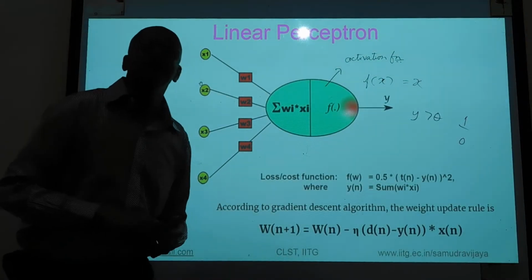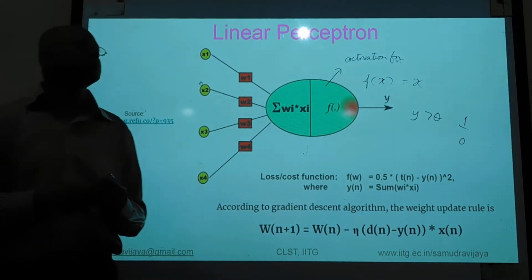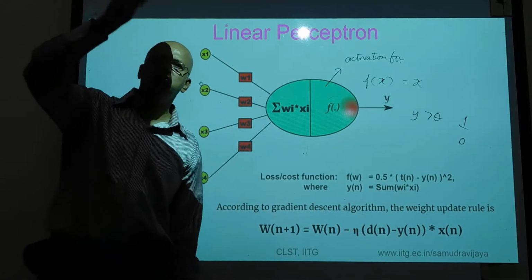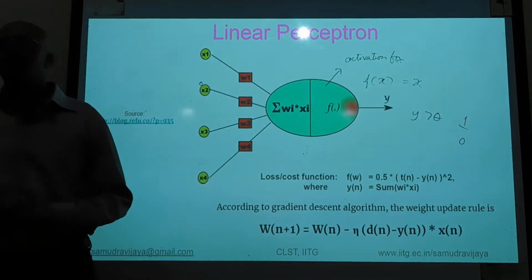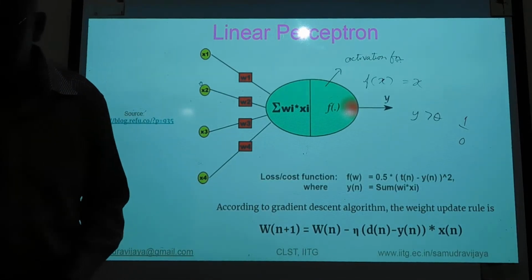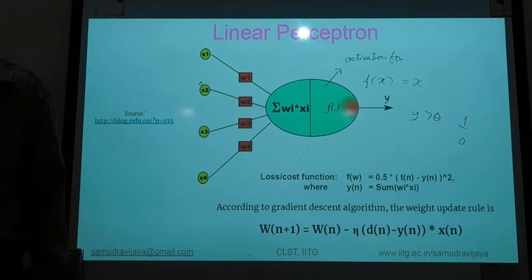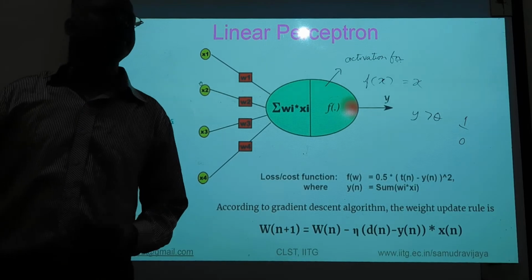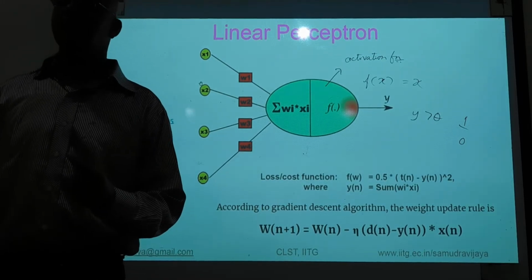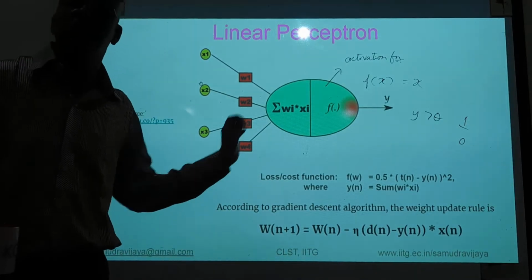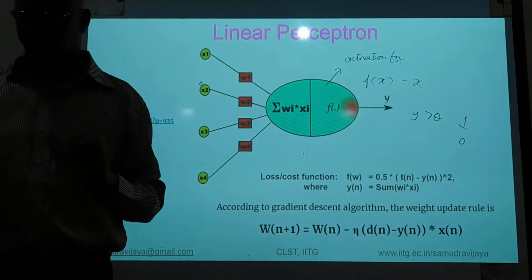Many times we need something different than that. What is it that we need? We may do a classification just into 2 classes, but we do not just want the decision whether the input belongs to class 1 or class 2, we may also need a confidence with which we classify the given input to class 1 or class 2.